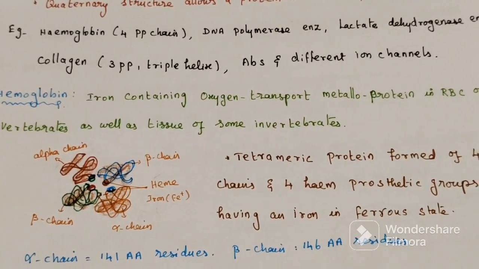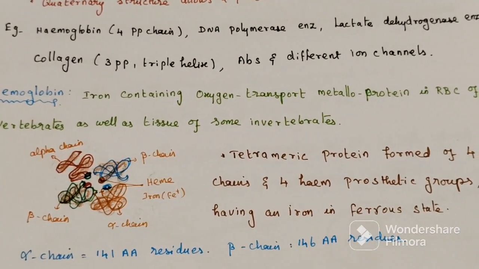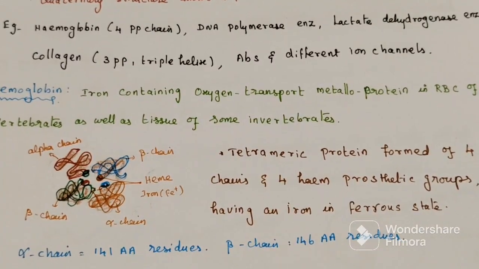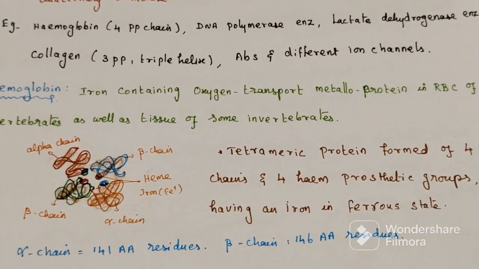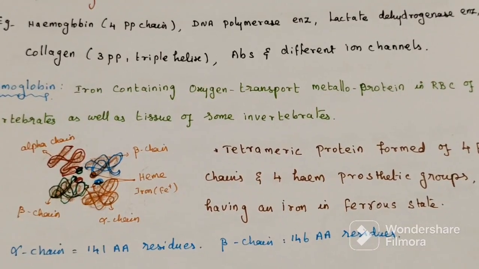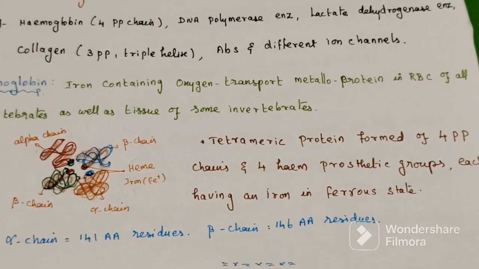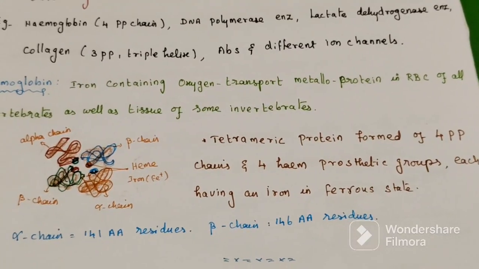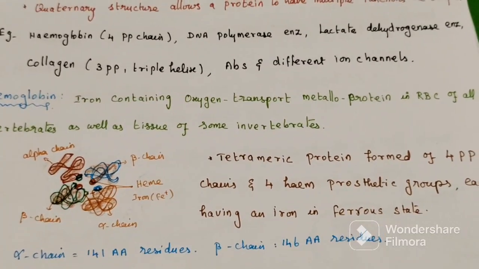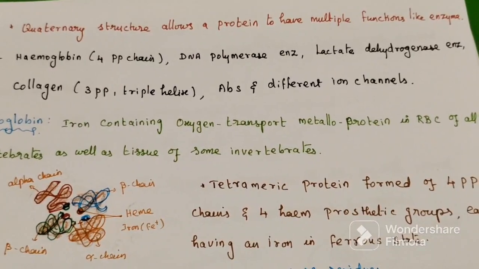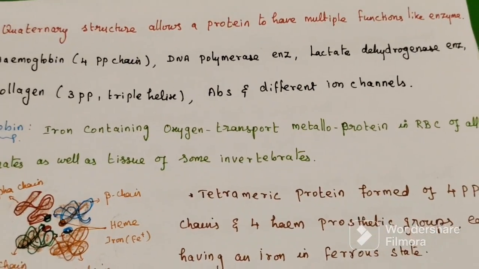Now the quaternary structure examples. The examples are very common. First one is hemoglobin in blood, used for oxygen transport; it has 4 polypeptide chains. Then DNA polymerase enzyme used for DNA replication.